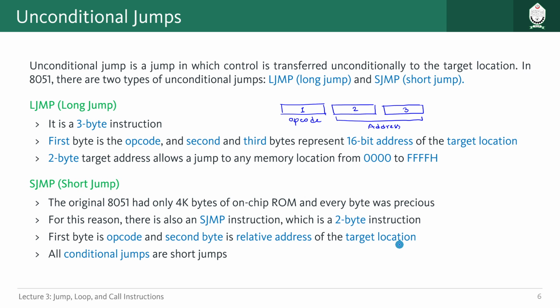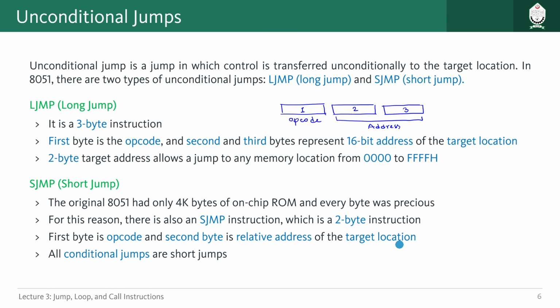We will try to understand what a relative address is very soon, but you have to understand that instead of 2 bytes, we now have only 1 byte of space to represent the location of the memory. So we have to take some intelligent approach so that we can identify different locations and move to them using this 1 byte, 8-bit space. How that is done, we will try to understand very soon.